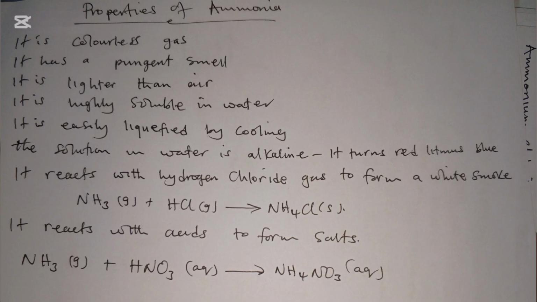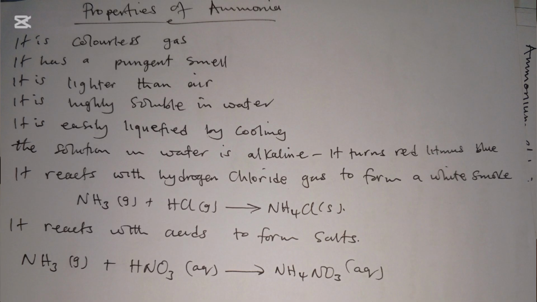Ammonia is easily liquefied by cooling. The solution of ammonia is alkaline, meaning it turns red litmus paper blue. Ammonia reacts with hydrogen chloride gas to form white smoke, which is ammonium chloride. Ammonia also reacts with acids to form salts.